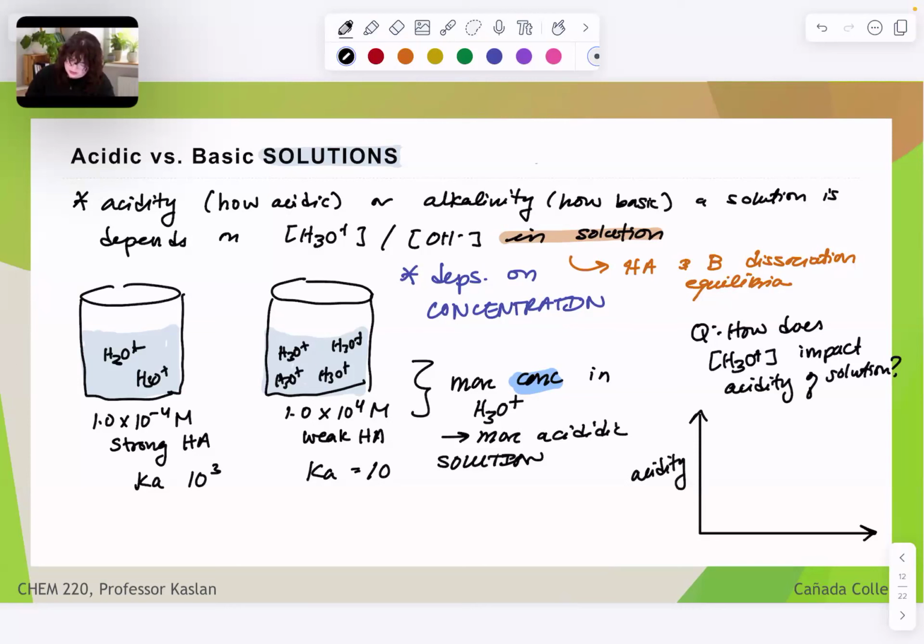So if I were to look at the acidity of solution plotted against the concentration of acid, I would see that as my concentration of acid increased, my acidity would increase wildly, specifically in a 10 to the x exponential relationship.